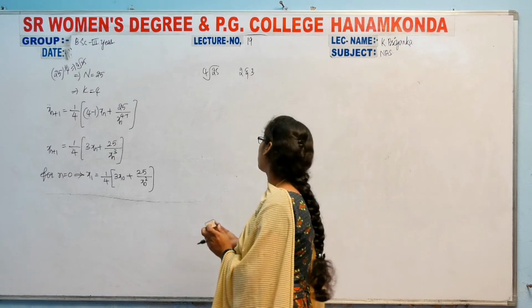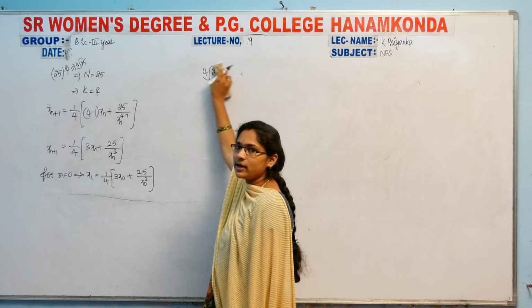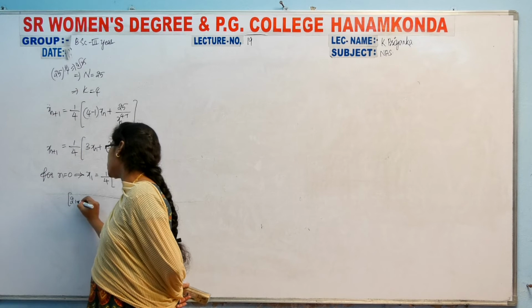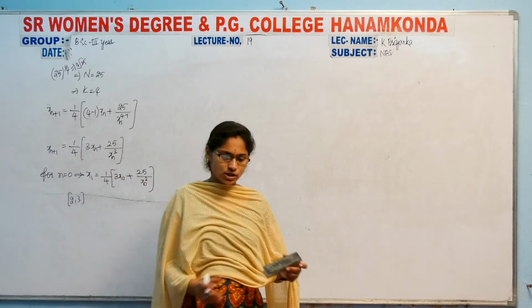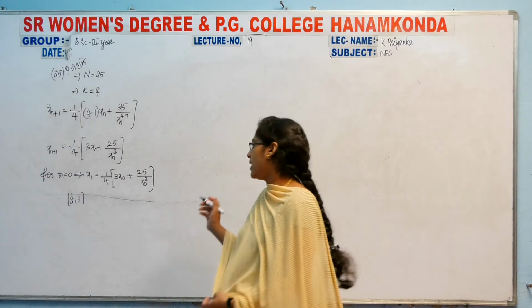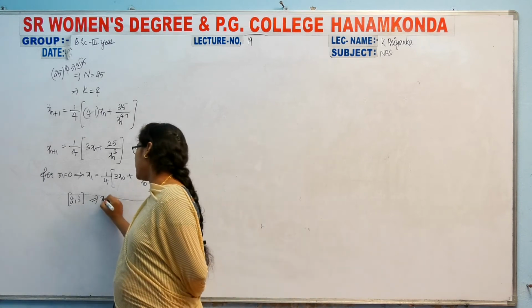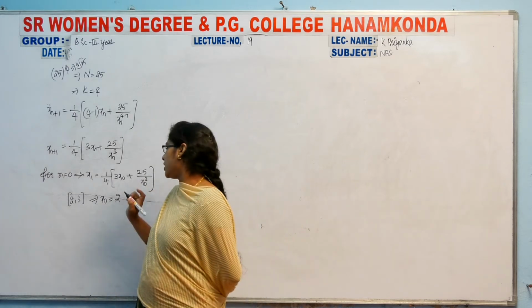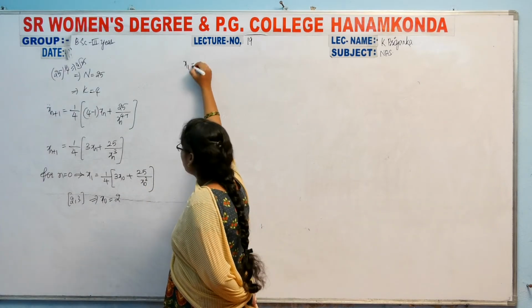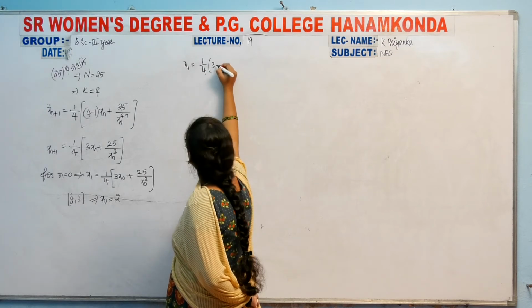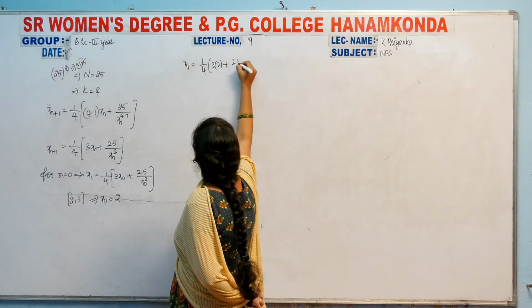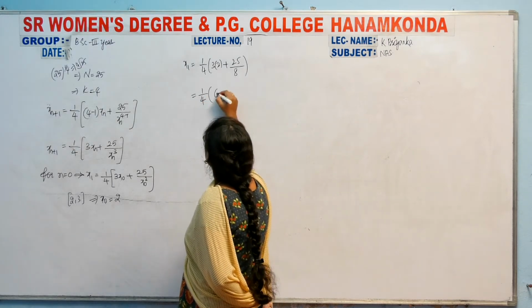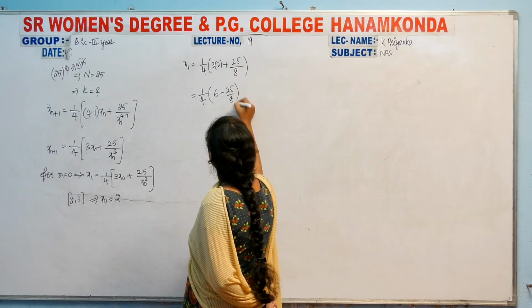If you want, then you can check. For one value you will get positive and another value you will get negative. So here the interval is 2, 3. So now here x0 equal to, you can pick any value. You can take the middle or you can take the starting value. Now x0 equal to 2. Now x1 equal to 1 by 4 of 3 into 2 plus 25 by x0 cube, that is 8. 1 by 4 of 6 plus 25 by 8.